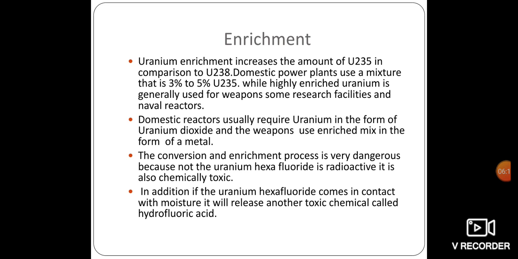Domestic reactors usually require uranium in the form of uranium dioxide, and weapons use the enriched mix in the form of a metal. The conversion and enrichment process is very dangerous because not only is uranium hexafluoride radioactive, it is also chemically toxic. In addition, if uranium hexafluoride comes in contact with moisture, it will release another toxic chemical called hydrofluoric acid.